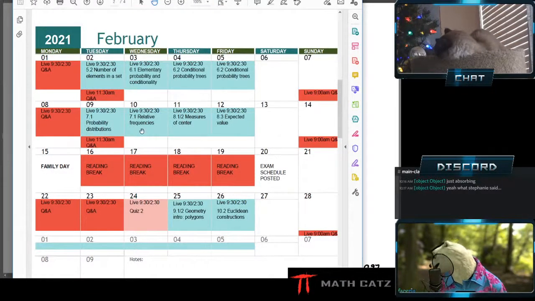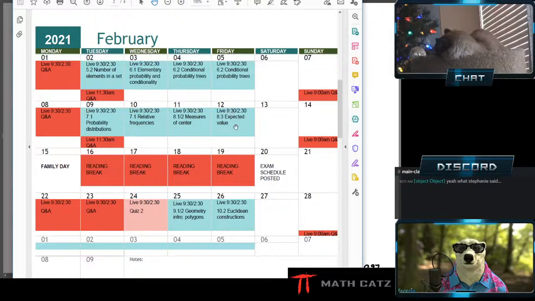So we're ahead of the game here. We talked about relative frequencies. We didn't even finish really, but we're ahead of the game because we've already covered expected value. It should really be included in the probability distribution discussion, and that's what we did. So Friday is going to be a Q&A session, regardless. We only need one more.